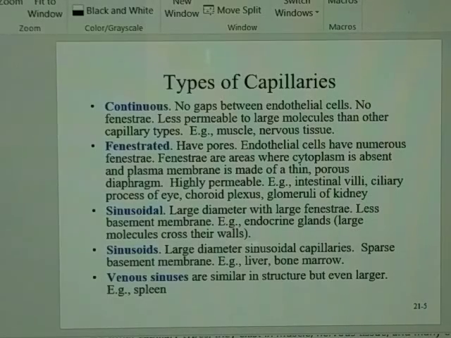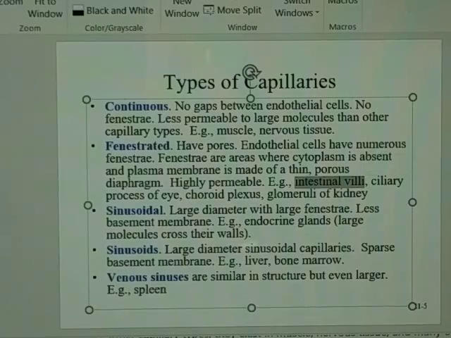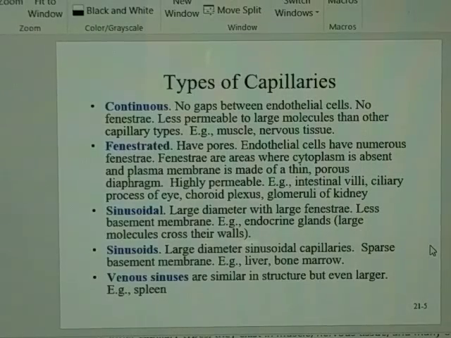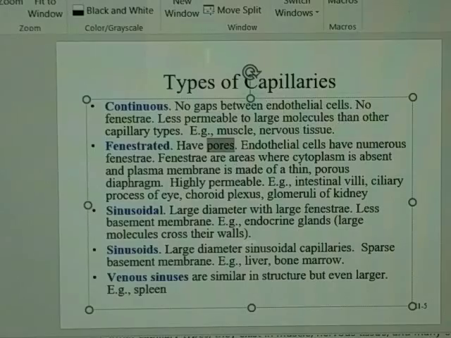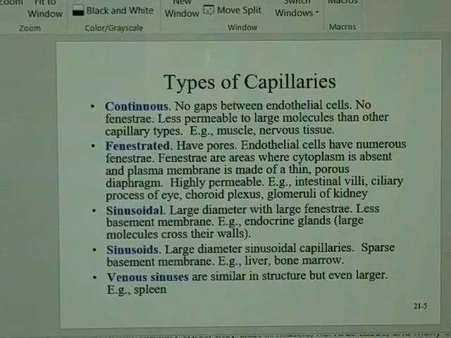Basically, this structure allows for the movement of materials. If we think about the intestines, this is where we're going to have absorption of our nutrients and our foodstuffs. So we would want these materials to be able to move, and therefore we have these pores that are needed for the movement of those materials.